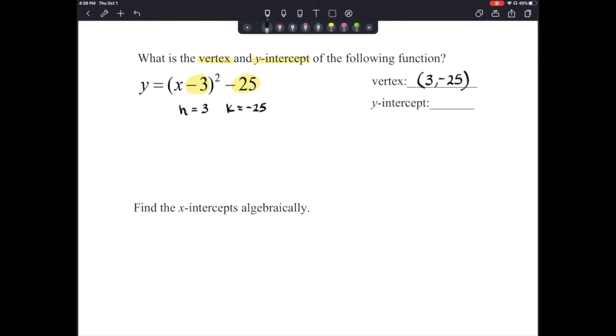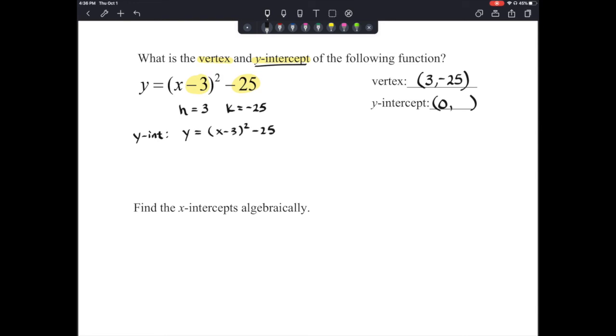We need to put it into standard form to get that. So to get our y-intercept, we need to simplify this. Or, actually, there's a couple ways we could do it. Remember, your y-intercept is going to have a 0 for your x, comma something. So if you wanted to take this and simplify it, like we've done a little bit already, put it in standard form, you can do that.